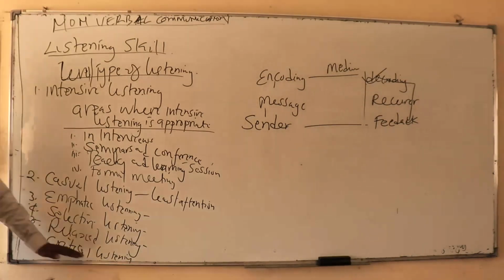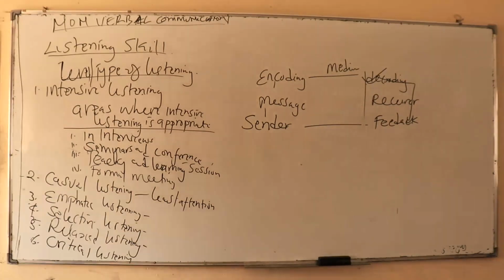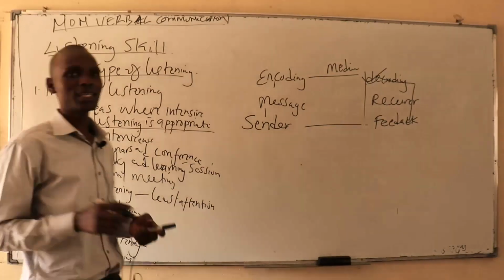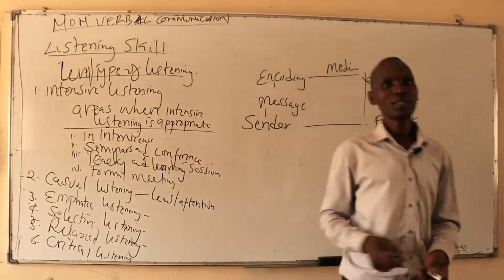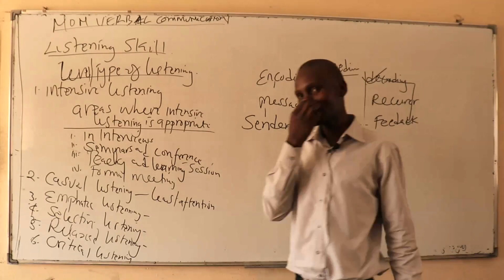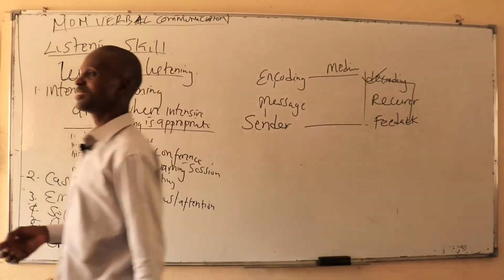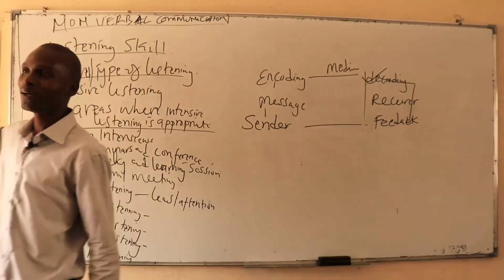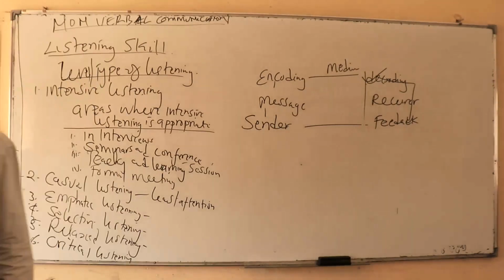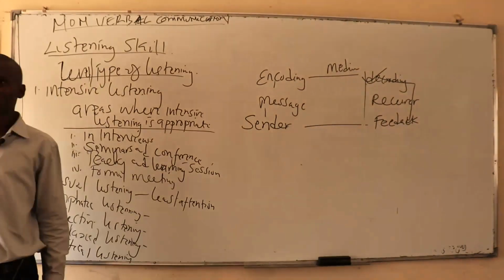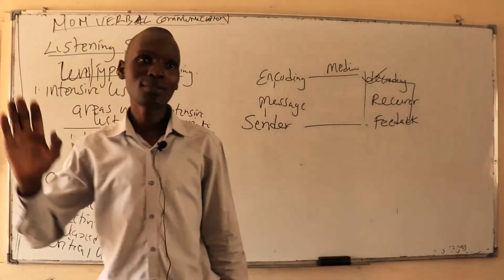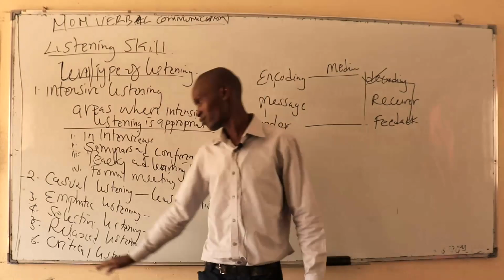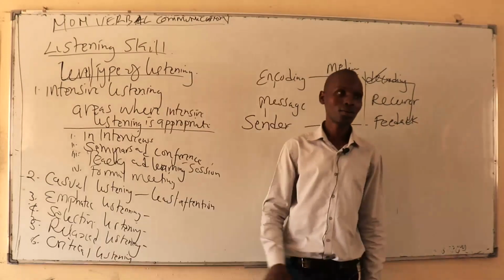If you talk about critical listening, it's also called analytical listening, whereby you analyze the weakness and the strength of the information. Have you ever attended a talk somewhere and then you hear someone telling you, this point has no weight, that one is very low, your point has no weight? Such a person is applying critical listening.